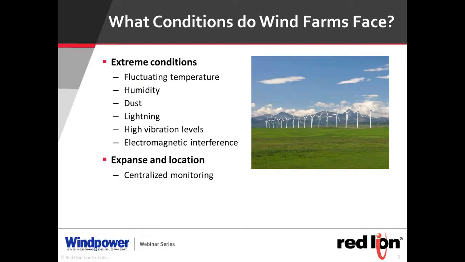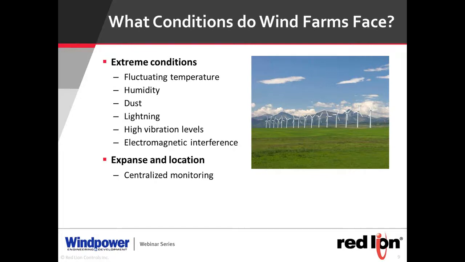One of the things to take into consideration is that wind farms, by their very nature, are put in very extreme conditions, and that means the networking equipment is too. So from fluctuating temperature to high humidity, even high salt areas, heavy dust and high lightning areas, and high vibration levels.